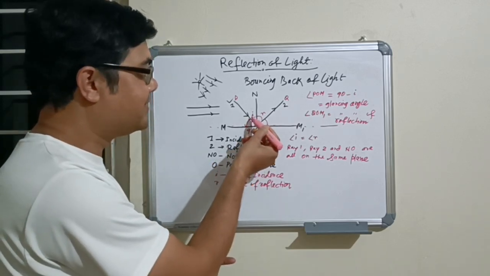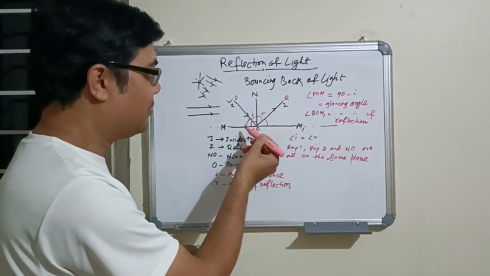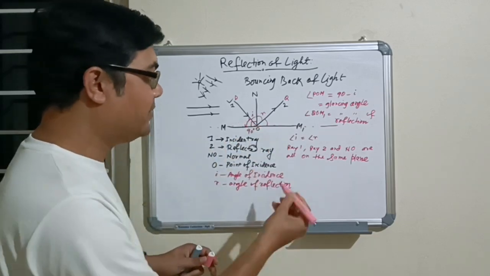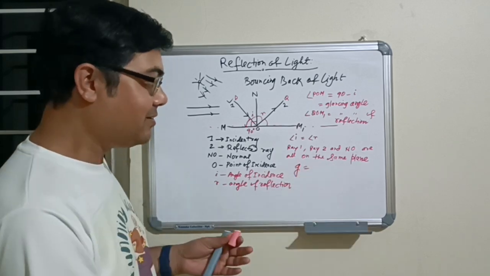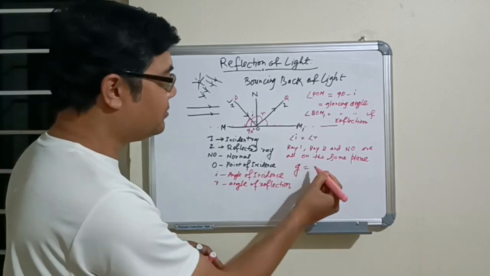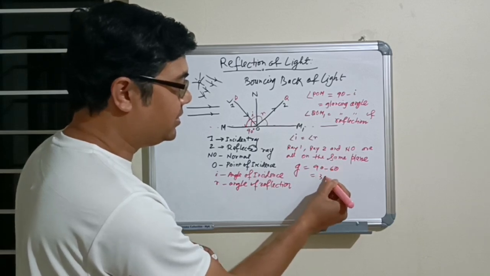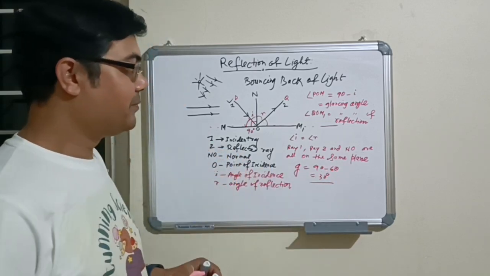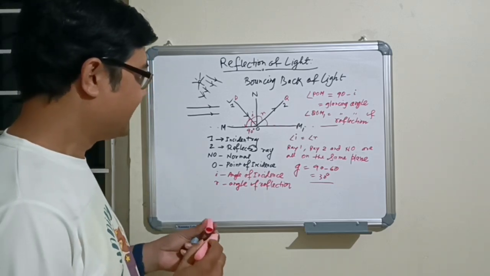Angle of incidence is given, let's say 60 degree, and what about the glancing angle? Then obviously glancing angle G is equal to 90 minus 60, which is equal to 30 degree, right? Good.